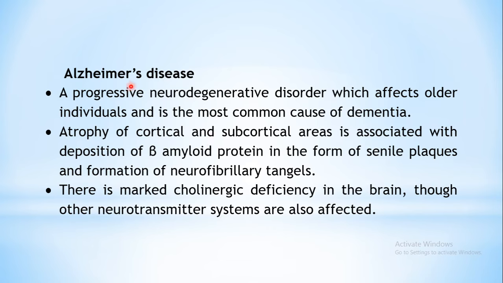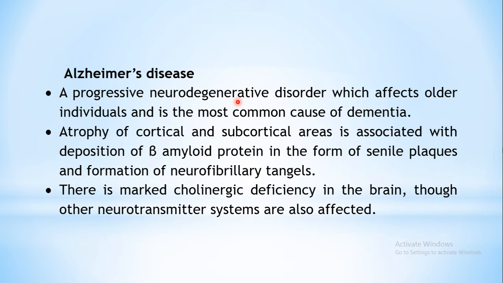Now coming to our topic, on which we are supposed to focus, that is Alzheimer's disease. As you are already aware, it is a progressive neurodegenerative disorder. That means slowly the brain neurons are getting degenerated or damaged.